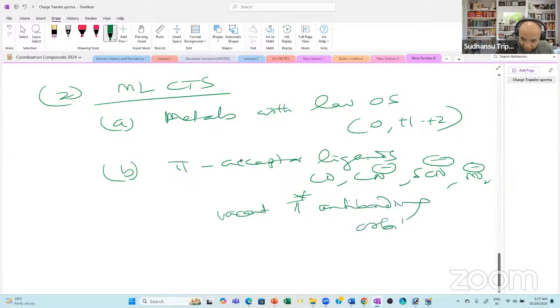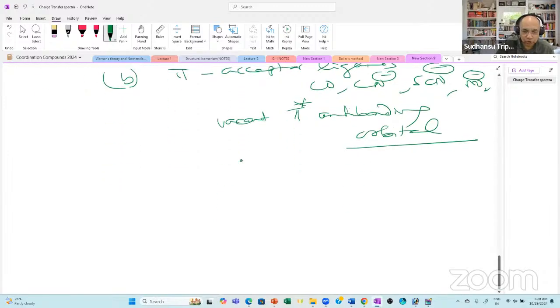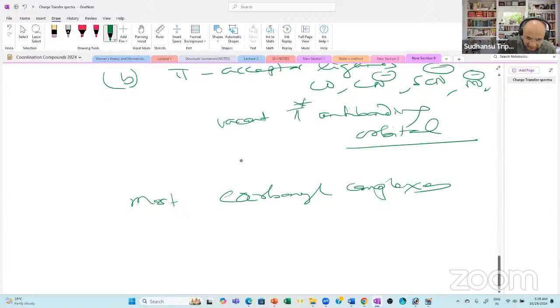I'm writing orbital, actually it's molecular orbital, to accept electrons from a larger number of d electrons. Most carbonyl complexes and cyanide complexes are colorless.